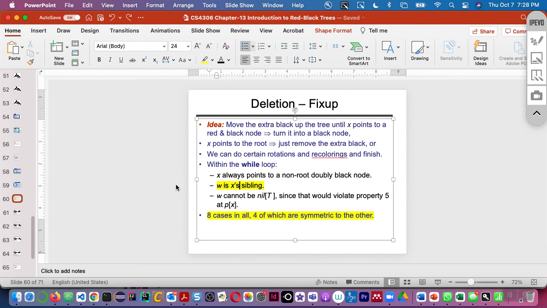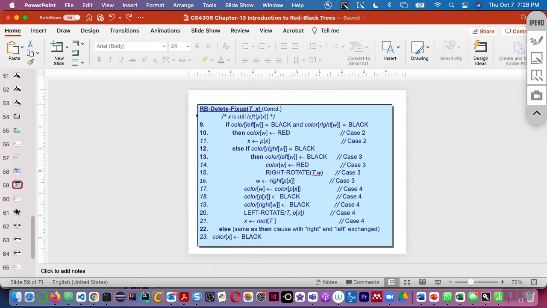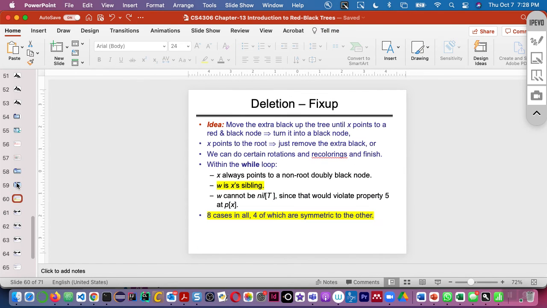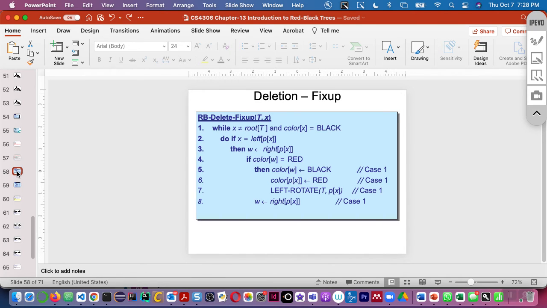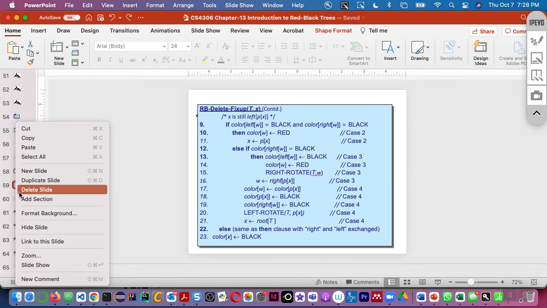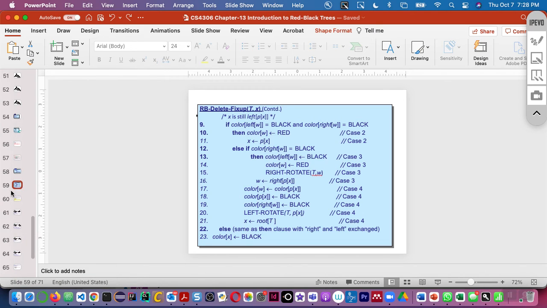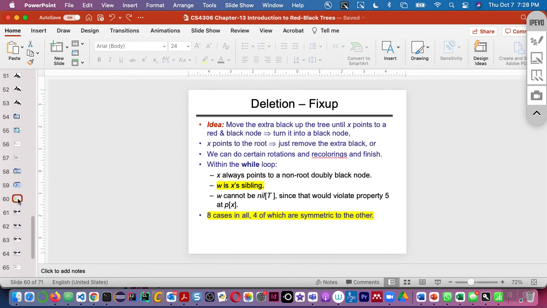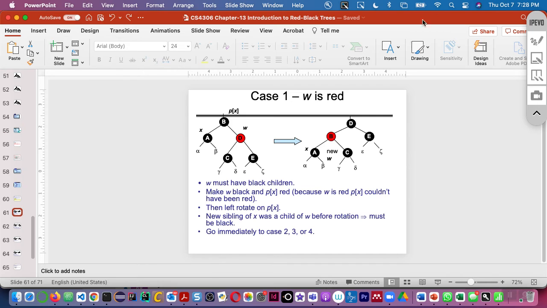Here it says if W is, we want to delete X. The node is X, the target node we want to delete. For instance, we want to delete this one.